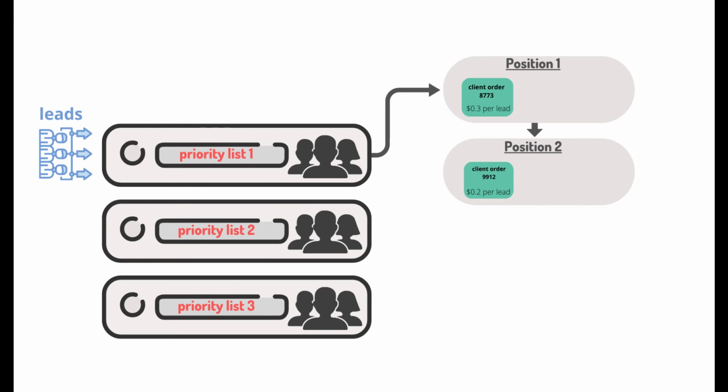Oftentimes, in this situation, if order 8773 does accept the lead, you don't want that lead to cascade down to position 2 because you want to preserve exclusivity and only send the lead to one place. That's easily accomplished by setting the sell rules for this list to only sell once in real time. I will show you how to do that in a little bit. That way you ensure the lead only gets sent to one client.